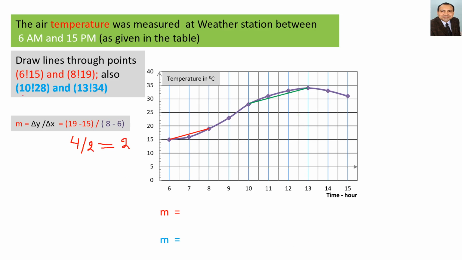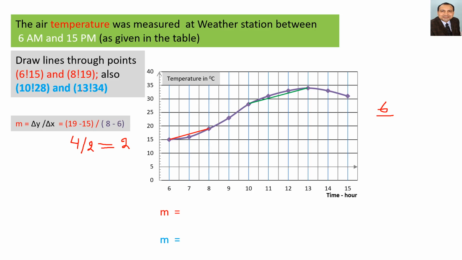The other line, x is 10, so 10 a.m. till 13. So 13 minus 10 is 3. And the value here is 34 minus 28, which is 6. For the second, here is 6. Change in y is 6.